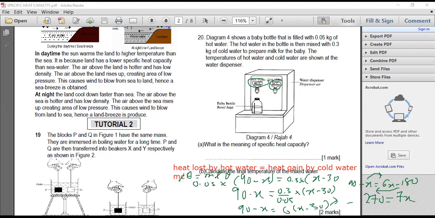So 270 divided by 7 gives 38.6 degrees Celsius.